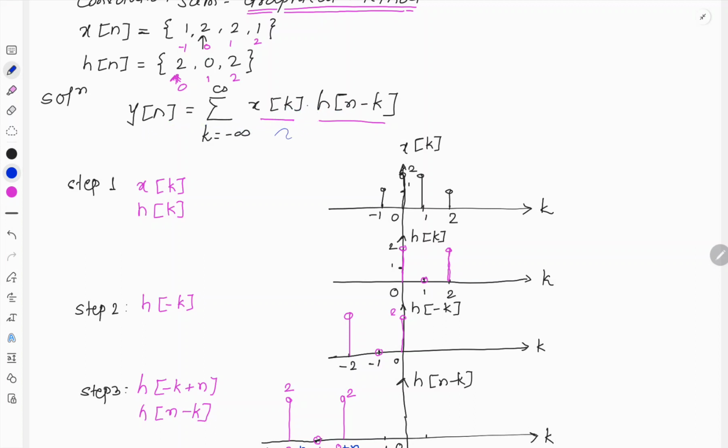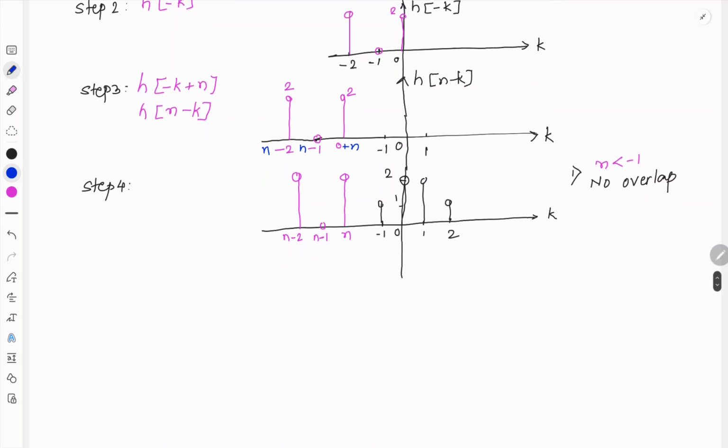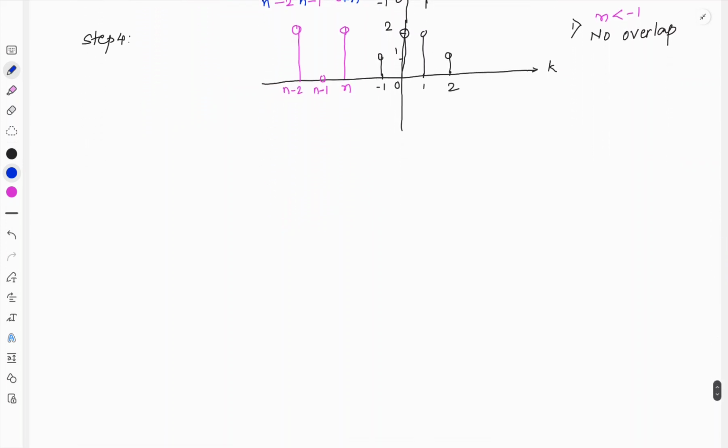So now we need to find out where we can multiply this x with h. If we go on shifting this signal h of n minus k towards the right step by step and obtain the multiplication, we will get the desired answer for the convolution sum.